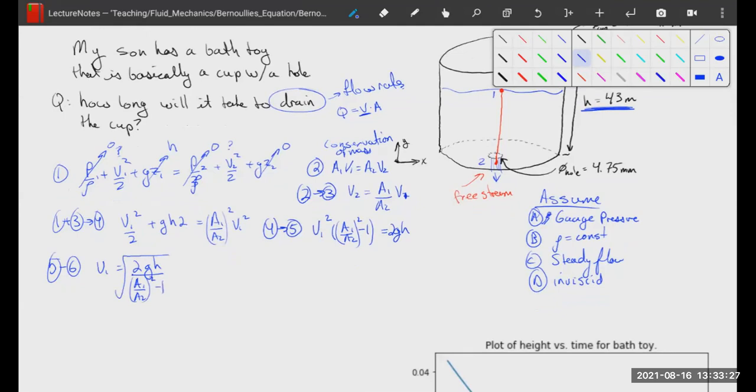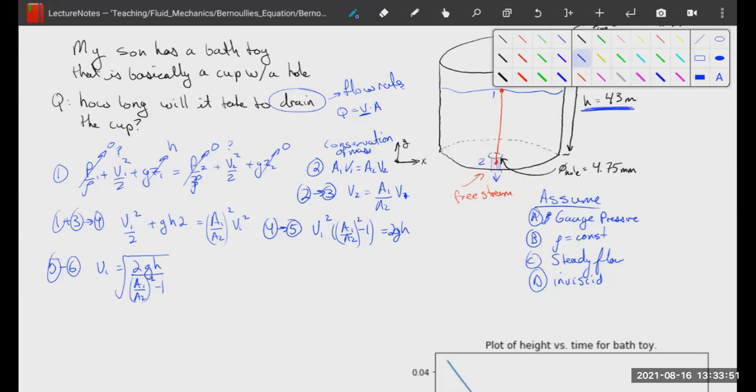Excellent. Now, we need to be able to solve for when h is equal to 0, right? And technically, we still have 2 variables in here. We have h and we have V1. But V1 is just the velocity of the top surface of our liquid, and the top surface of our liquid moves when h changes.